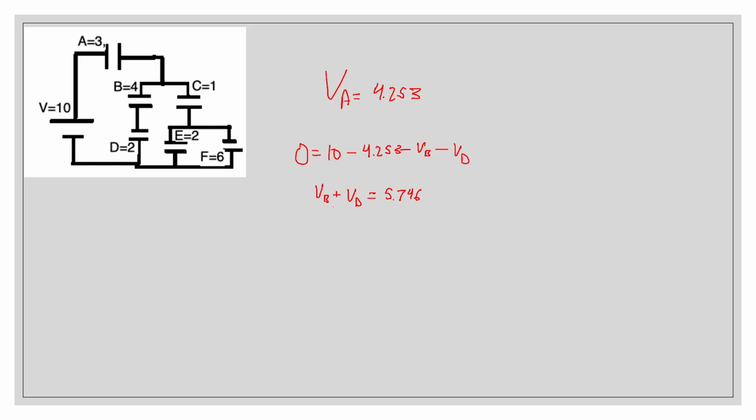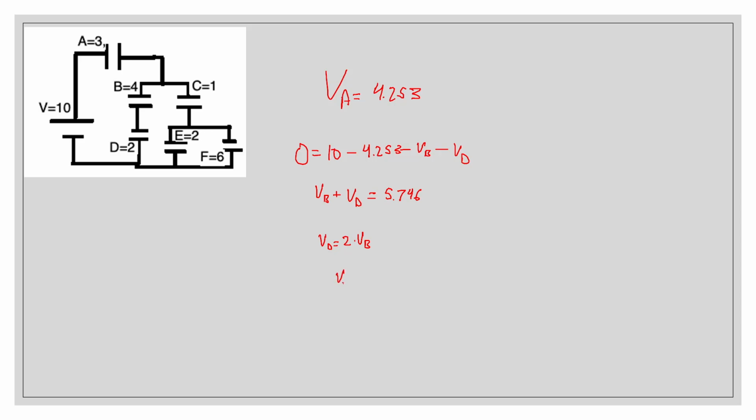It's going to be inversely proportional, which means that VD is going to be equal to 2 times VB. All right. The reason is that they have to have the same charge, and so to move the same amount of charge off of one that's a capacitor half as big, you need twice the voltage. All right, that means VD is going to have 2/3 of this, and VB is going to have 1/3.